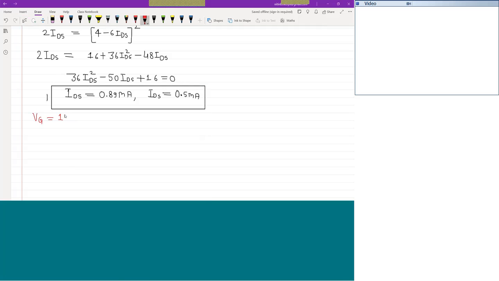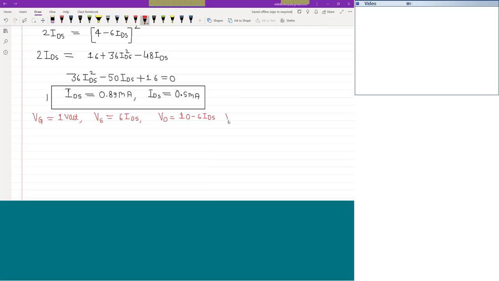So Vg is equivalent to 1 volt. Then what else can I say? Vs is 6 times IDS and Vd is 10 minus 6 IDS.